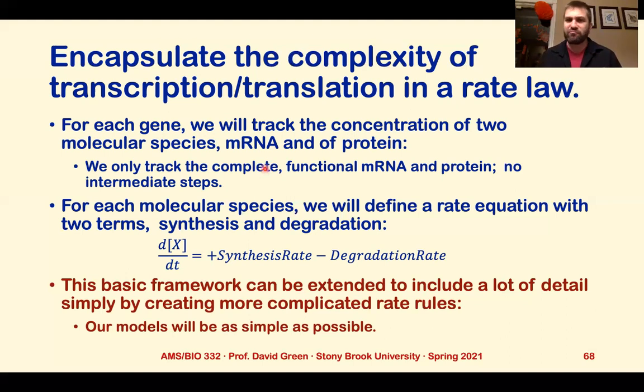We're going to count a reaction as complete after an mRNA has been completely made and released, after a protein has completely been made, released, and in fact folded. That's all we're looking at, the final functional forms, and not trying to keep track of any of the intermediate steps.